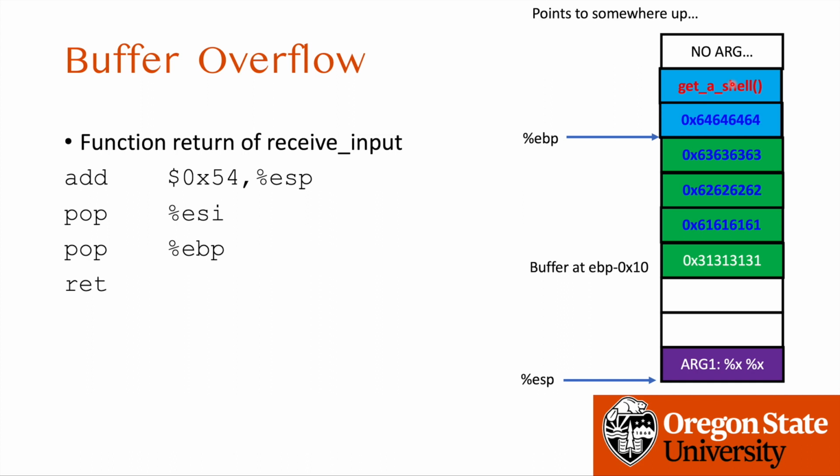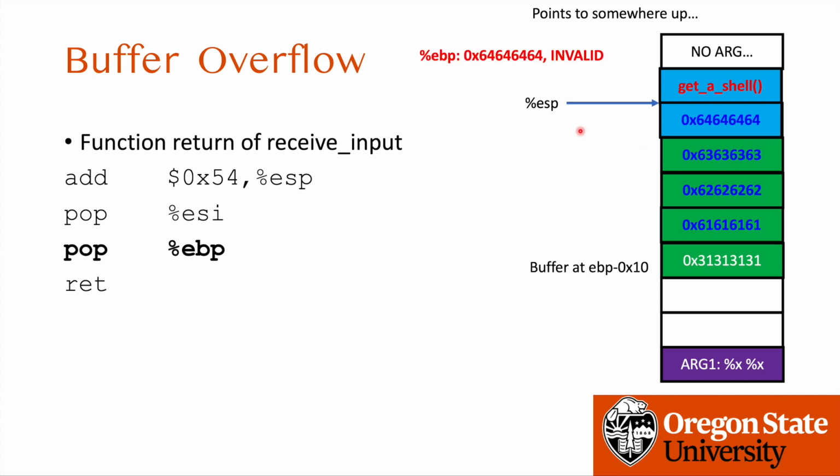This is the function epilogue of receive input, and it will first add 54 to ESP, and then restore ESP here, and then pop ESI. So ESI will have a garbage value, 63, this one, but we will not care. And then pop EBP. Now the EBP register will have an invalid value, not an address, like this, but we will also ignore that. And then we will do return.